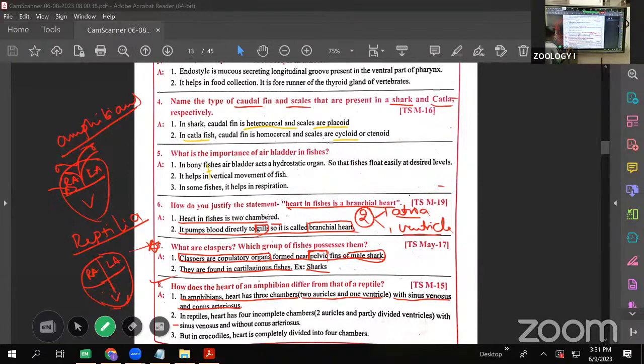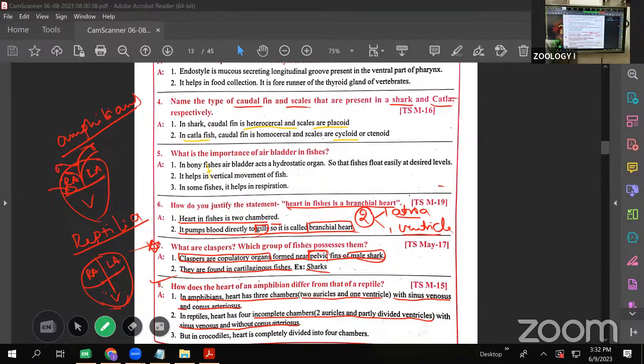In reptiles, the heart has incompletely divided four chambers: two auricles and a partially divided ventricle. The sinus venosus is present, but the conus arteriosus is absent.